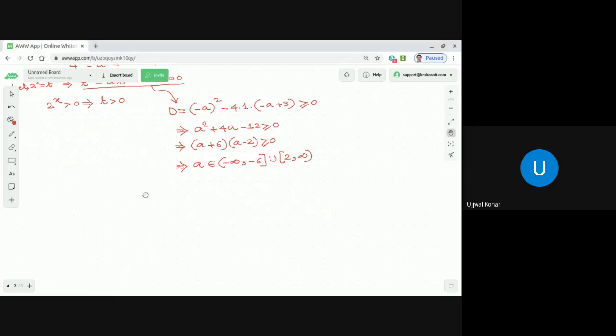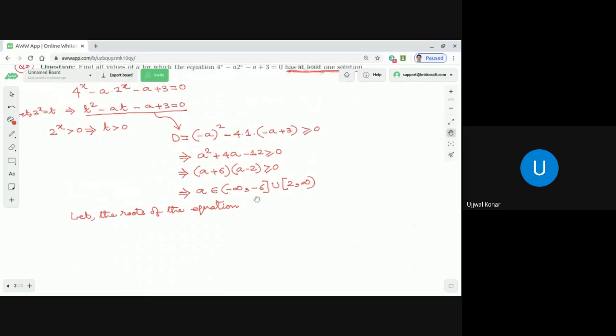Now let's assume the roots of the equation.